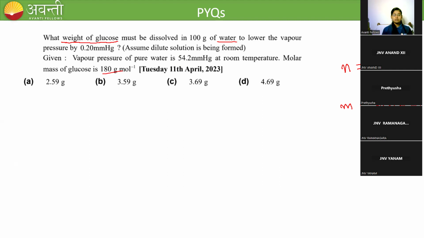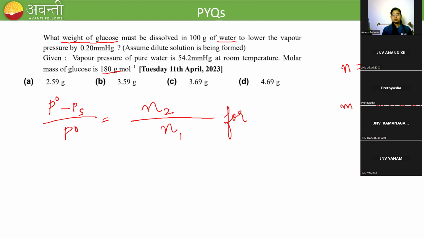So let me come from the relative lowering of vapor pressure formula. P naught minus Ps divided by P naught is equal to number of moles of the solute divided by number of moles of the solvent. This is the formula which we have to use for dilute solution.